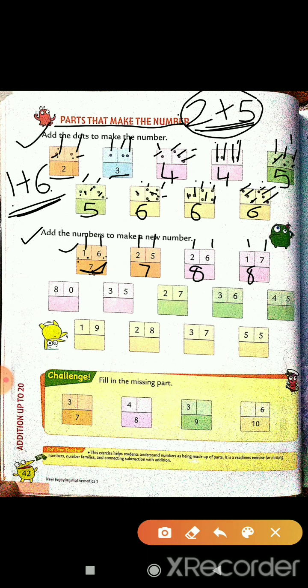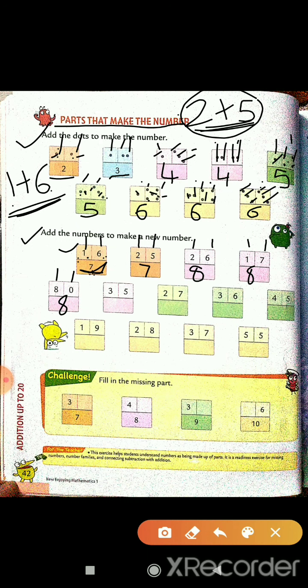Got it, students? Next, in the first box 8 is written and the second box 0 is written. So 8 plus 0 is equals to 8. Students, whenever we add 0 to any number, the answer is the number itself.